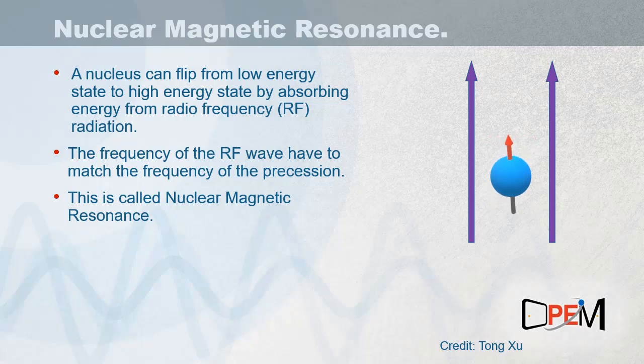Here in this picture we have an example of a dipole precessing aligned with the external field, but if we send in a radio frequency wave, and if the energy is absorbed by this dipole, it will flip to a higher energy state, which is precessing against the external field. For this to happen, the frequency of the RF wave has to match the frequency of the precession. This is called nuclear magnetic resonance.